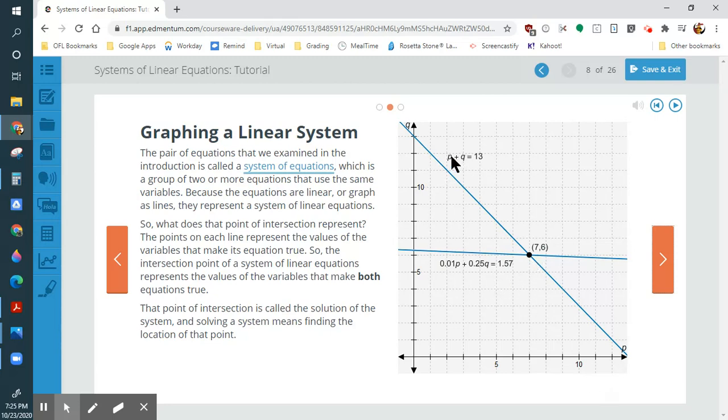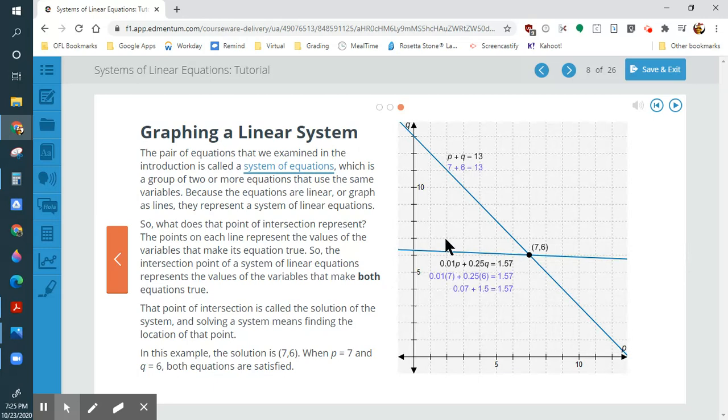There's no other situation where you can have 13 coins and have that many quarters and pennies. So if you have 13 coins and they're all quarters and pennies, and you have $1.57 in your pocket, the only way to get $1.57 with 13 pennies or quarters has to be this.